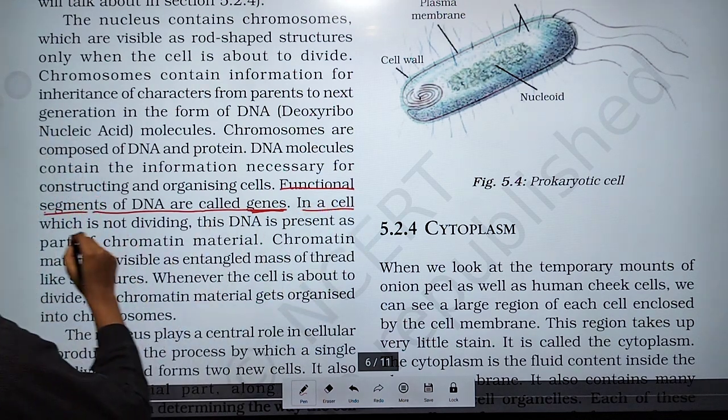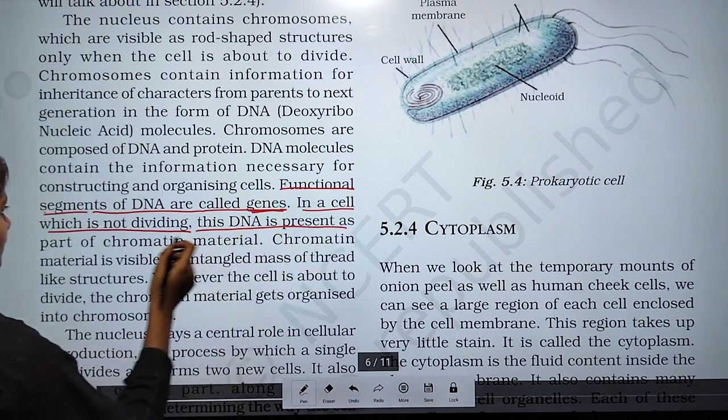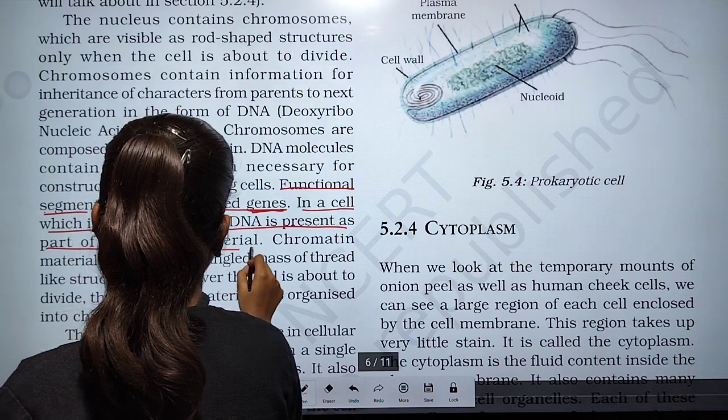In a cell which is not dividing, the DNA is present as part of chromatin material.